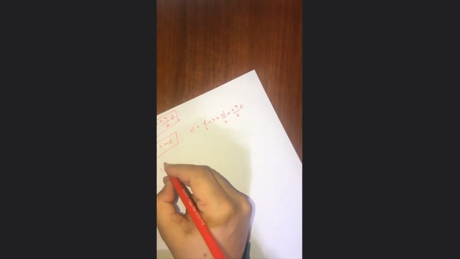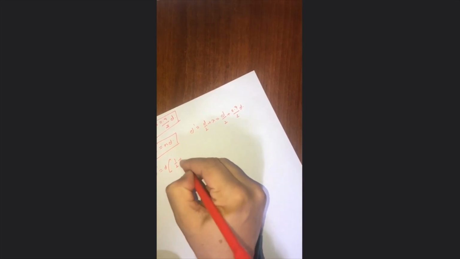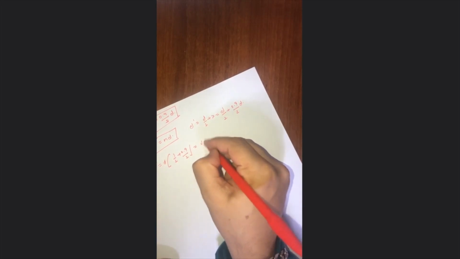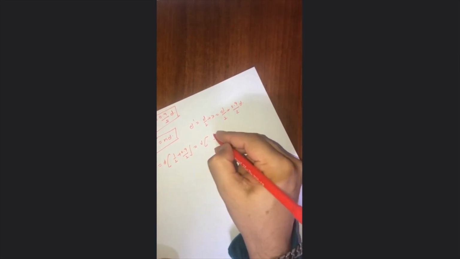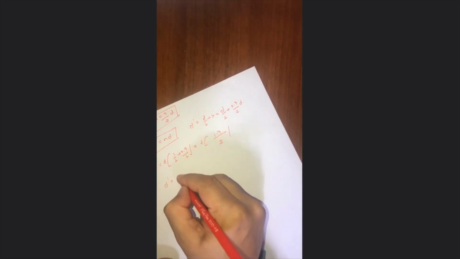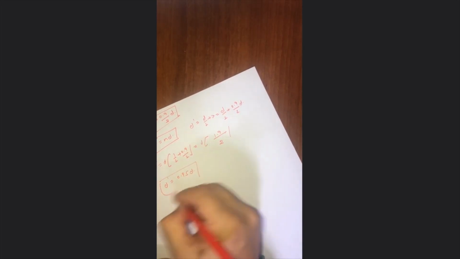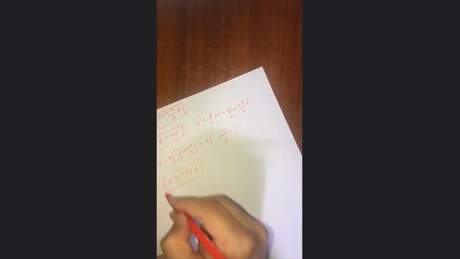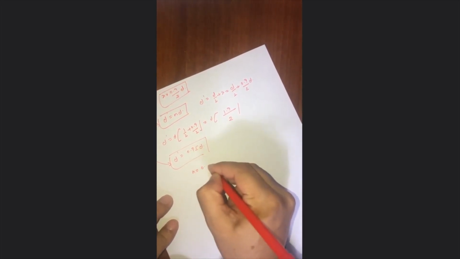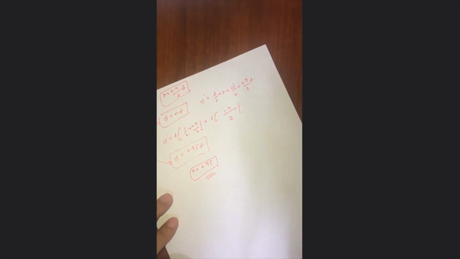We take d as common, so this is equal to 1 by 2 plus 0.9 divided by 2, with 2 as the LCM, which equals 1.9 by 2. So we get d prime is equal to 0.95 multiplied by d. Comparing these two equations, you can clearly see the value of n is 0.95. This is the final answer. Thank you.